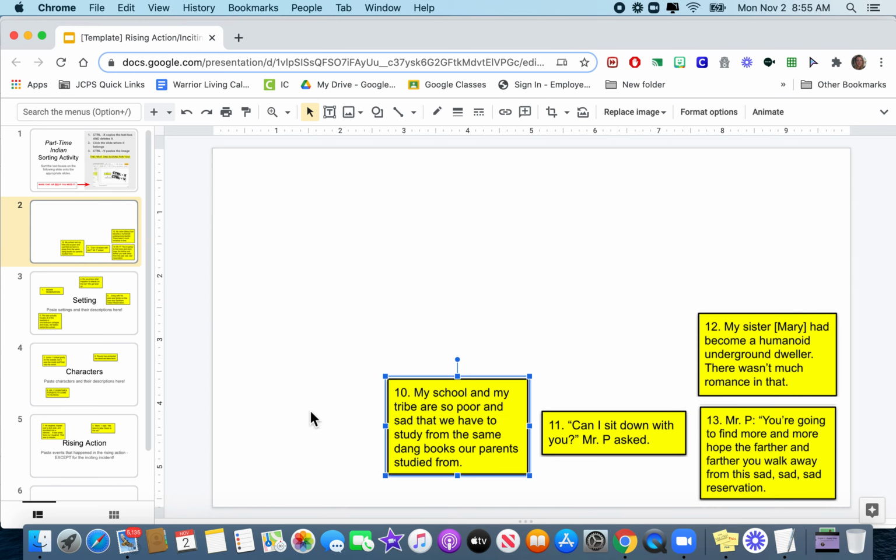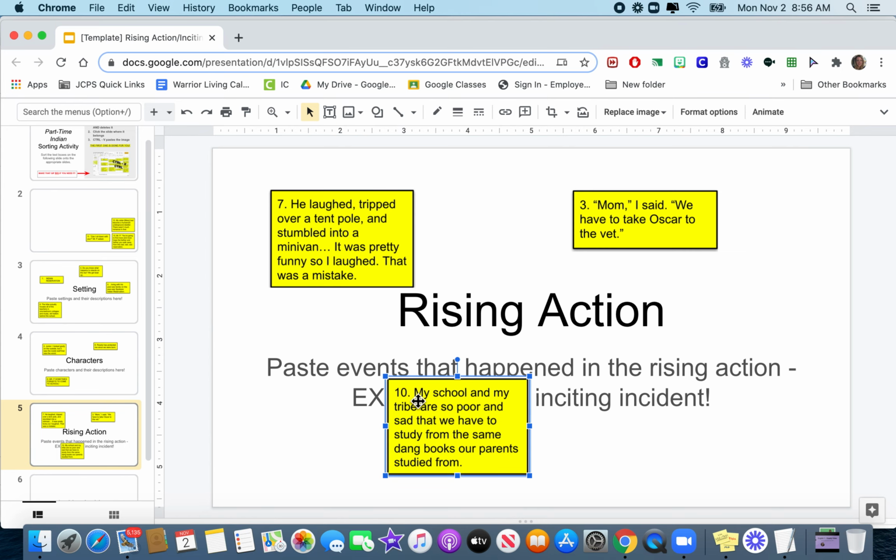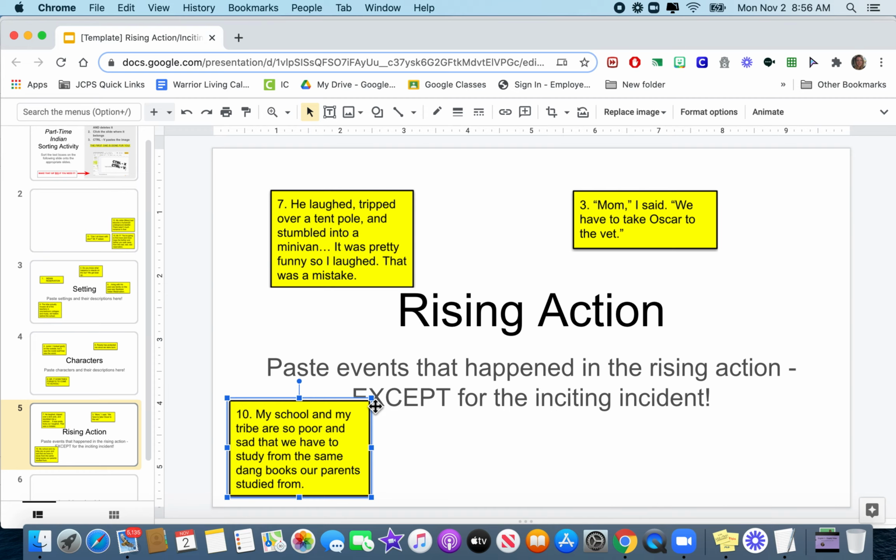Number 10, my school and my tribe are so poor and sad that we have to study from the same dang books our parents studied from. So you could put this in setting again, because it tells us more about the setting, but I think it's actually better to put it in rising action, because it's something that happens that doesn't need to happen, but starts to give you more information about what's going to happen in the future.